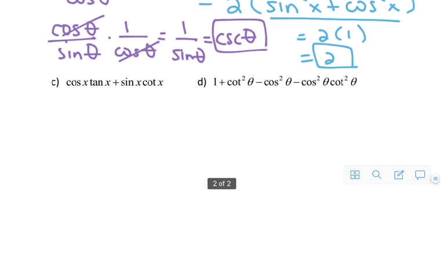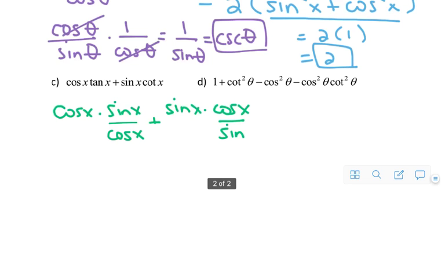C. Cosine x times tangent x is equal to sine x times cotangent x. Remember in part A I said one of the techniques that you can use is you can change everything to be in terms of sines and cosines. So what I could do is rewrite tangent as sine over cosine, and then I can write cotangent as cosine over sine.